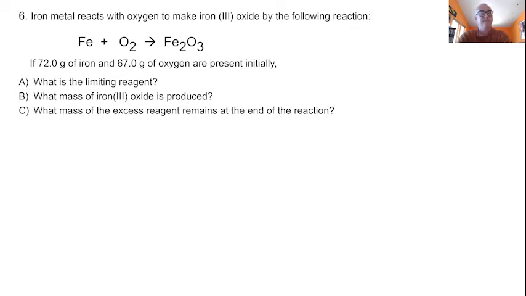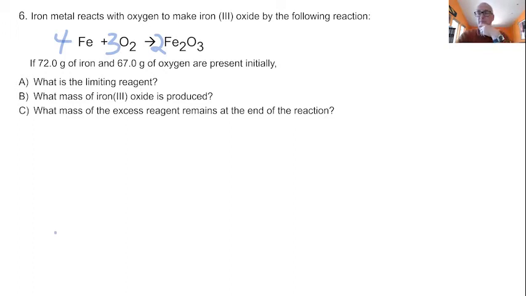So that's not balanced. So how do we balance this one? Put a 4 in front of the iron, a 3 in front. You skipped ahead. So 4 here, so 2 here, and then how many oxygens? 3. 3, right. So yeah, without the right molar ratios, you can't answer any questions.